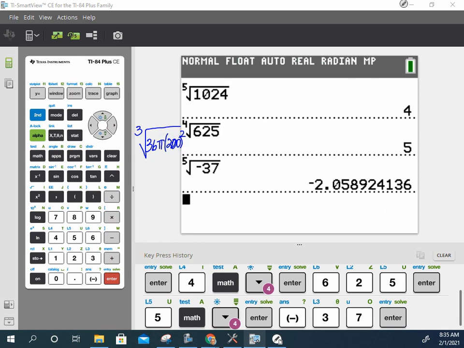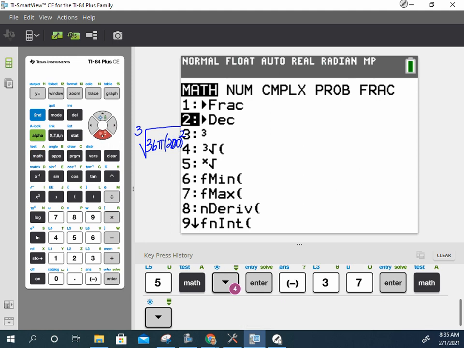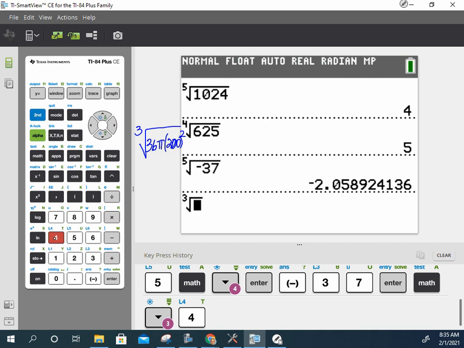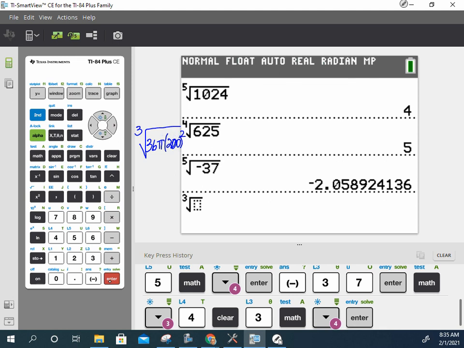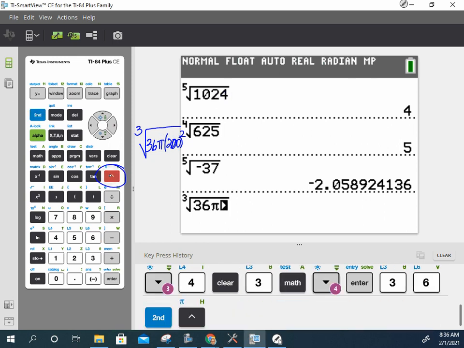What we're typing in is cube root 36 pi times 200 squared. There is a cube root function in the calculator. If you go to math, the fourth button down represents cube roots. If you wanted to type 3 and press the number 5 key, the same thing will happen, so don't get stressed out with that. 36, the pi button is located where the exponent key is, so that's second exponent key.